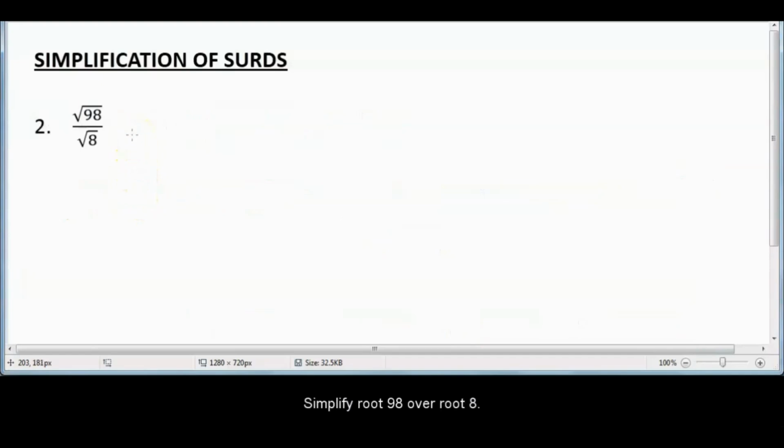Simplify root 98 over root 8. There are two terms in this question. One is the numerator and the other is the denominator. So we begin by first simplifying the numerator, that is root 98.